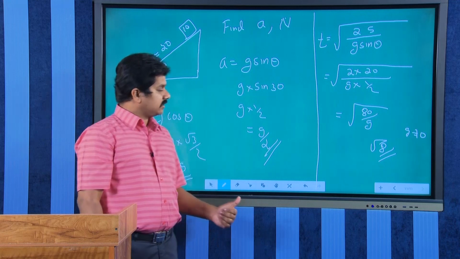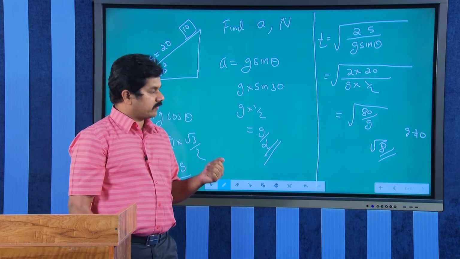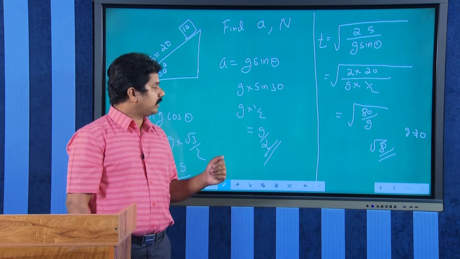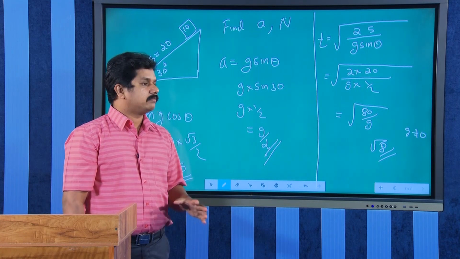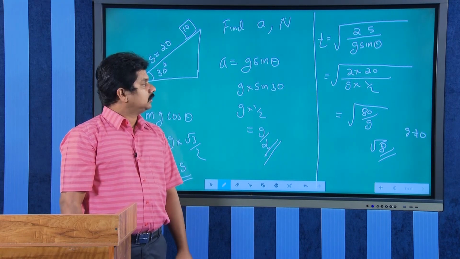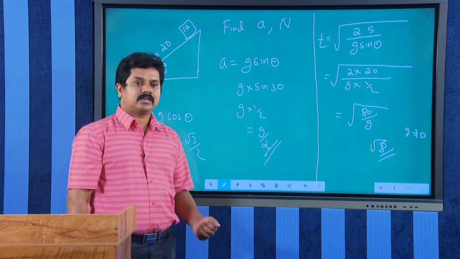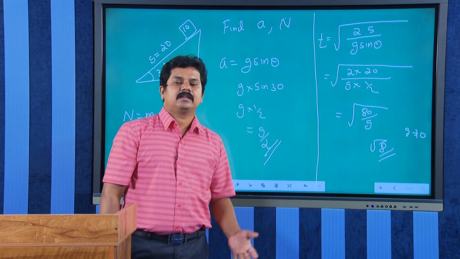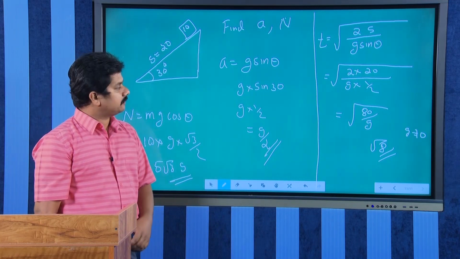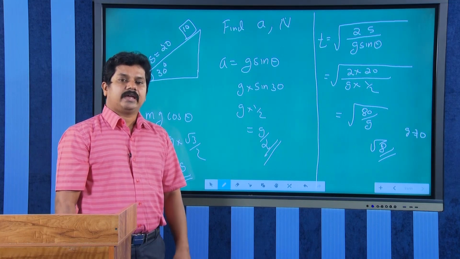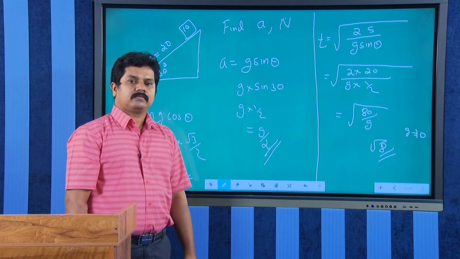Okay. So, in this session we discussed the dynamics of a body along an inclined plane and motion over a pulley. What are the results we get? In the case of motion along a plane, the acceleration is g sin theta, and normal reaction is m g cos theta, right.